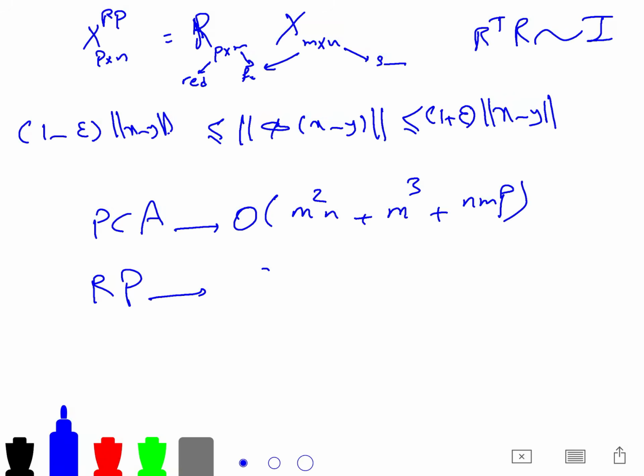But in random projection, you use only projection, so that's why the order of complexity is much less. So we use it for real-time data where we don't have all the data in advance.